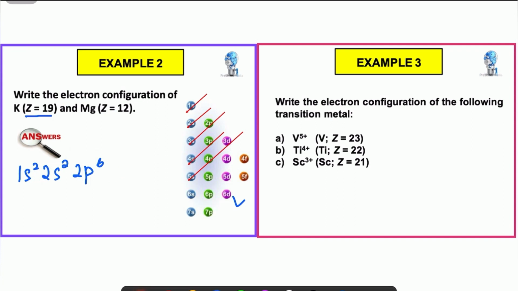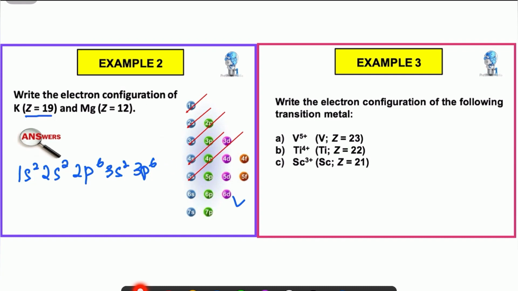Next, we need another 9 electrons. The next electrons will fill in orbital 3s, and then after 3s, 3p, 6 electrons. So now there are 10 plus 2 and 6, so there are 18 electrons.